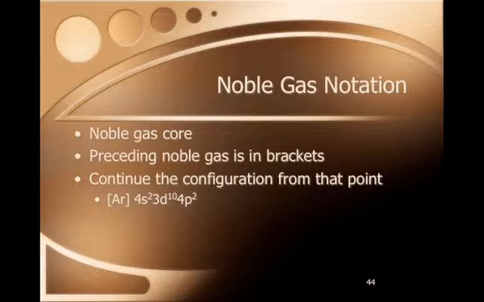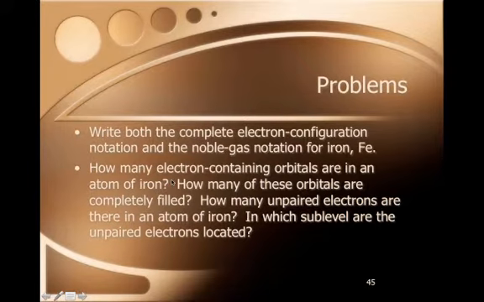After argon, you would go to 4s2, and then after 4s, remember the first D sublevel is 3d, 3d10, and then 4p2. So you just have to look for the noble gas that comes before that element.